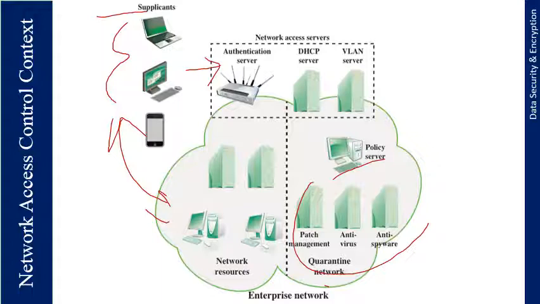The figure also indicates that the quarantine portion of the enterprise network consists of the policy server and the related suitability servers. There may also be application servers that do not require the normal security threshold to be met.